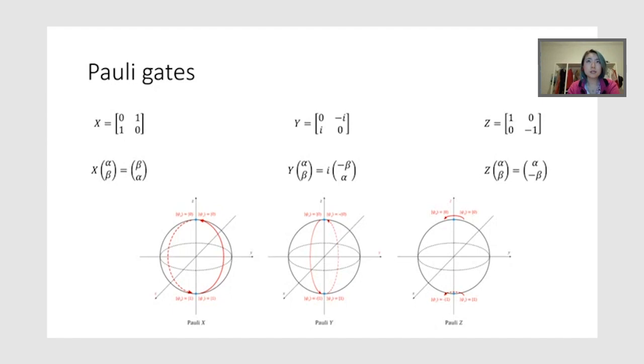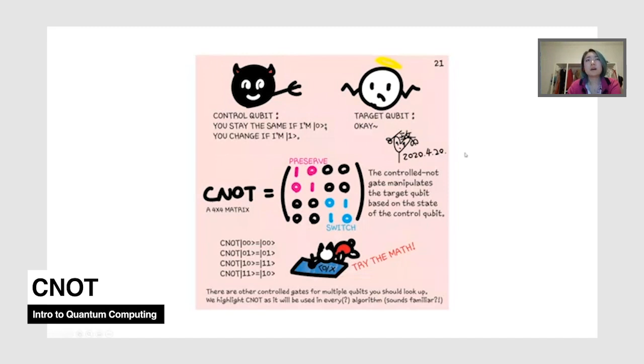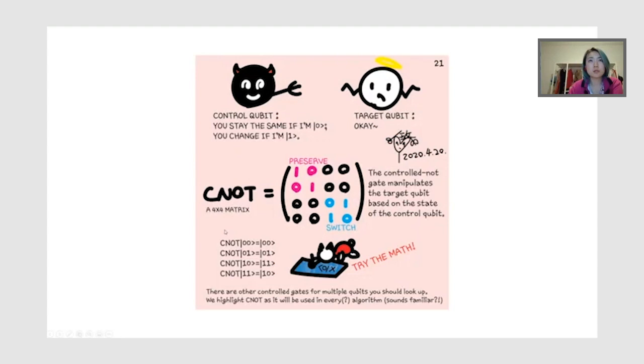Also there are gates that are used to apply to multiple qubits. One of the most popular, most used two-qubit gates is the CNOT. This is a 4x4 matrix.